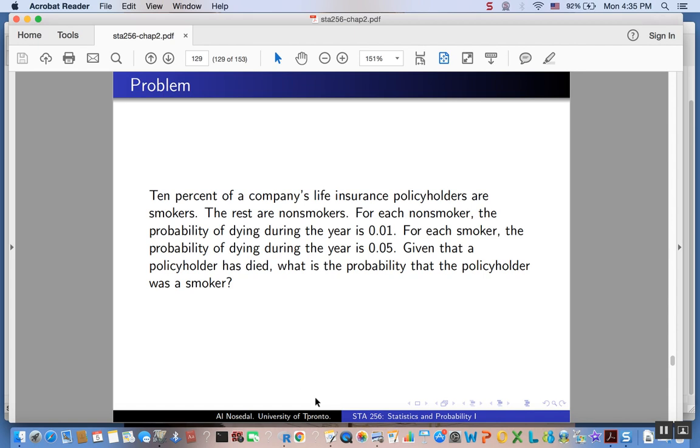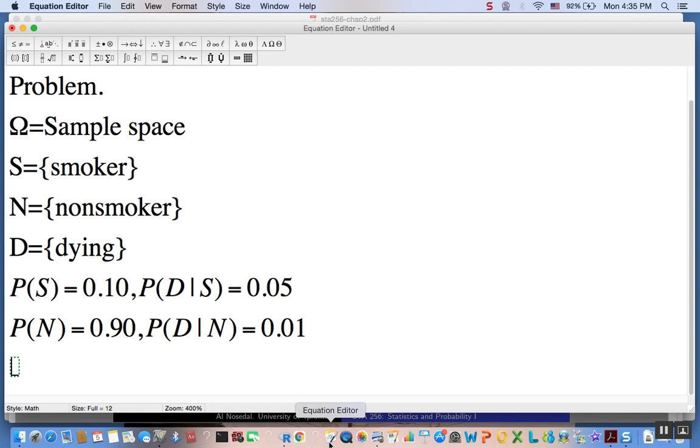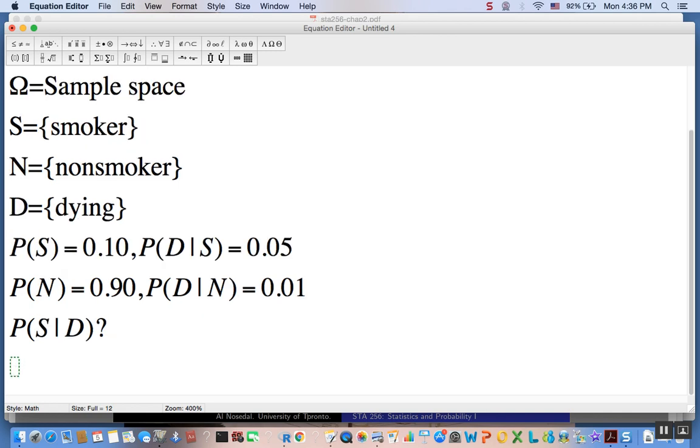So if we translate that, what we want is the probability of S given D. Okay, we have observed the occurrence of the event D. What's the probability of S? Right?